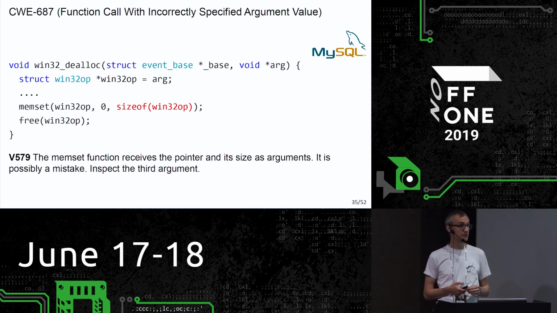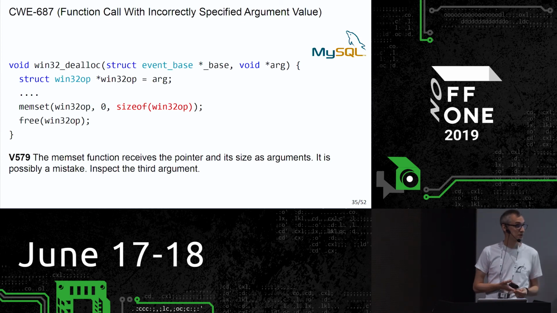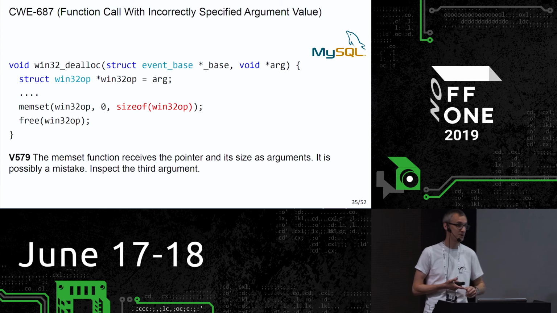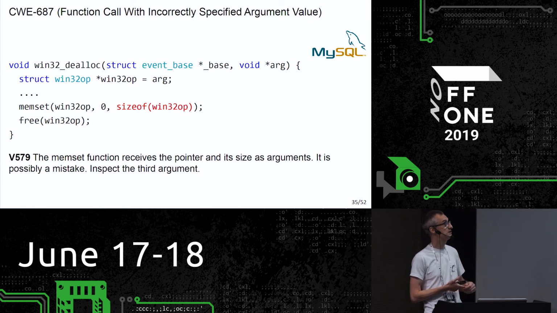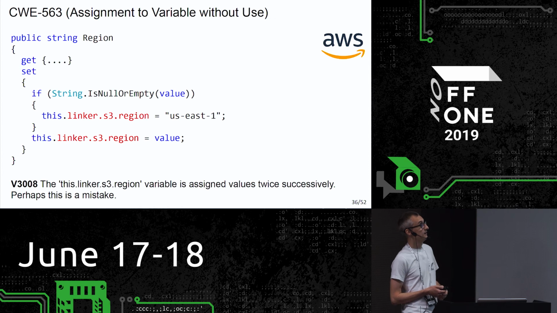Even if that memset were used, everything would go wrong, because instead of the size of the structure, it passes the size of the pointer, and of course the size of the pointer will be smaller, and some part of that structure will not be filled with zeros. So this line actually has two errors. Classical analyzers look for those things, and whether you should be fixing those bugs or not is your decision. It's on you to decide.